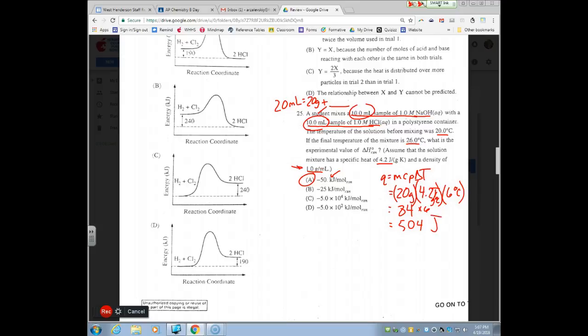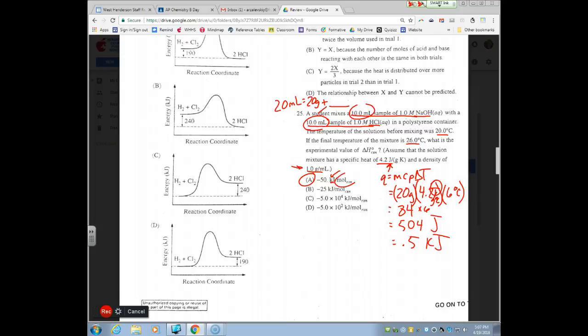Now this is in joules because that is what my specific heat is given in. So we'll go ahead and convert that to kilojoules, since again our answer is in kilojoules. That's going to be 0.5, and we'll just go with that, kilojoules of heat.